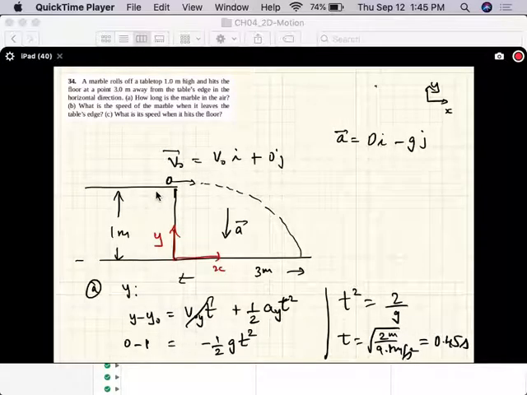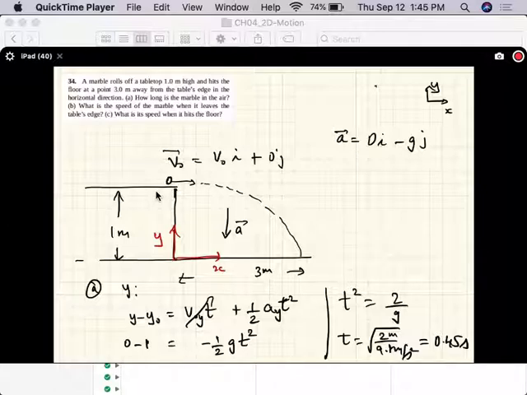Here's the final position and here's the initial position. Initial position is 0, final position is 3 meters. a x is 0, the x component of the acceleration is 0.